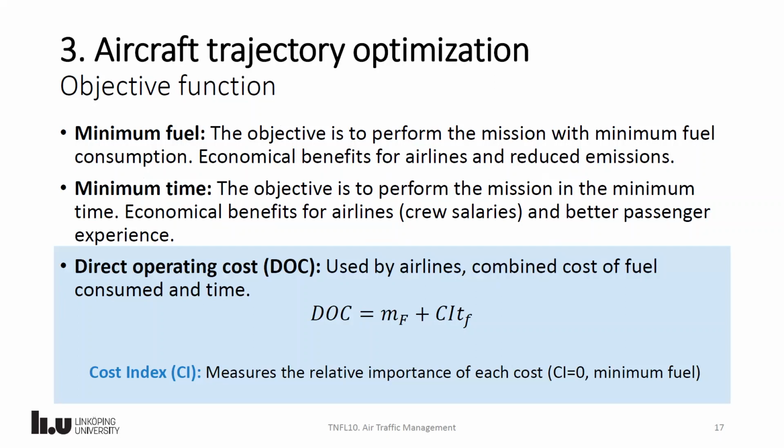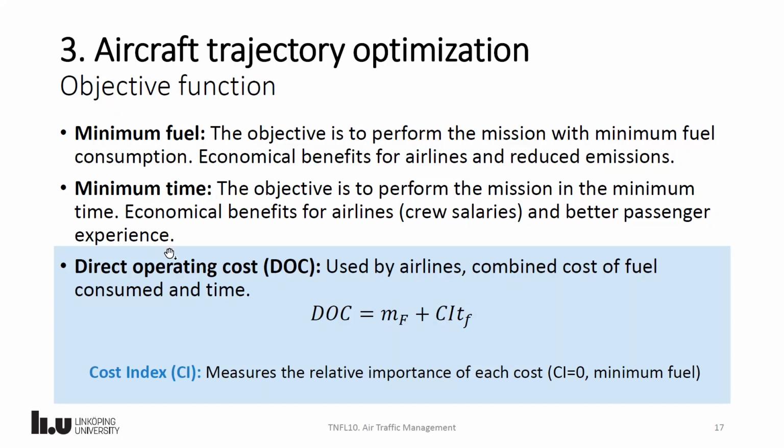I'm sorry, the farthest. But the more popular ones, I would say, are the minimum fuel, which is obvious. Why is it popular? The objective is to perform the mission with minimum fuel consumption, and it has economical benefits for airlines and also reduces emissions. So this is a very popular objective function.